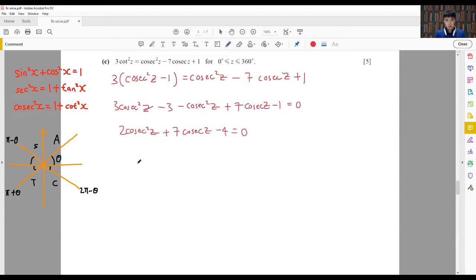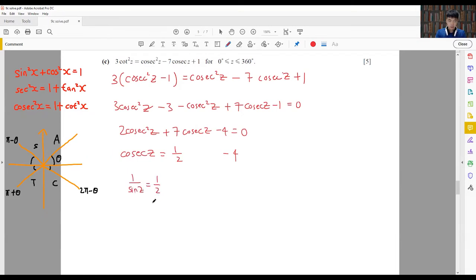Okay, so cosecant z is either equal to 1 over 2 or cosecant z is equal to negative 4.